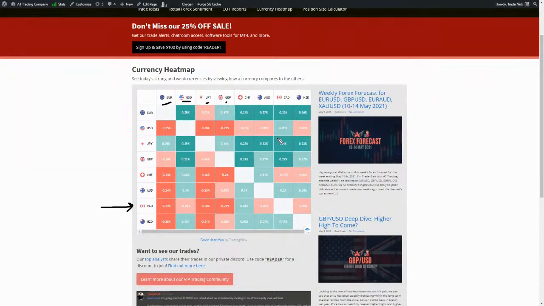The strongest of the day seem to be the yen and the euro. The weakest seem to be the CAD, the Swiss franc, and maybe the dollar as well.